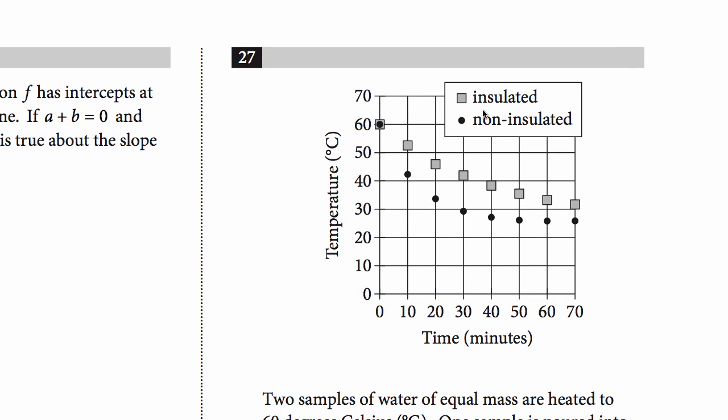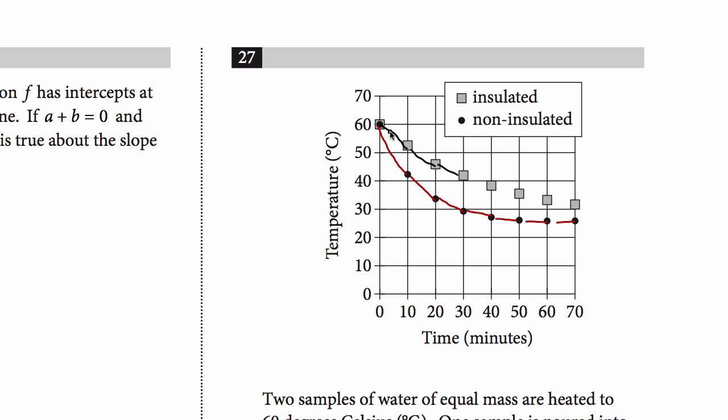Okay, so really what you're trying to look at here when they say average rates of change, for the insulated one, you're looking at from here to here, then here to here, then here to here. And then for the non-insulated one, you're looking at that rate of change, that rate of change, and that rate of change. So just by first glance, it looks like the non-insulated one has a very steep rate of change in the beginning, and then it levels off.